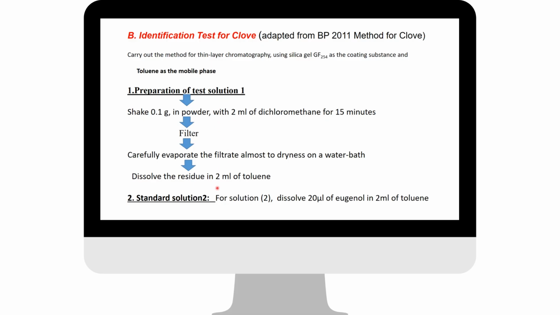If you apply it on the TLC plate, this will give a very specific spot Rf value at a particular point. If the test solution also gives the same Rf value, that confirms the test solution is having eugenol. So that's why we need to have the standard solution as well for comparing our results. Let us move and see in the next slide.